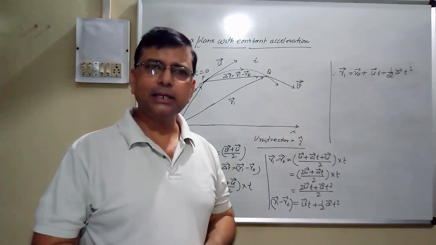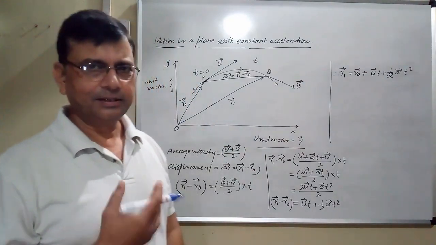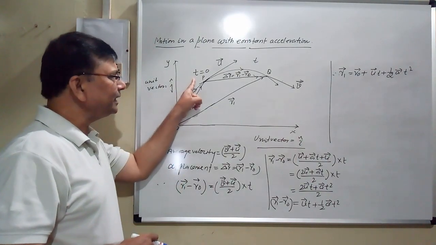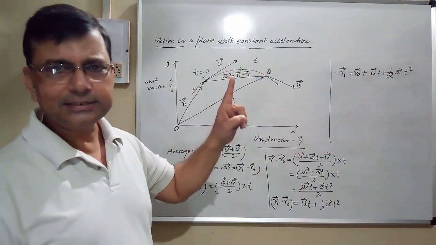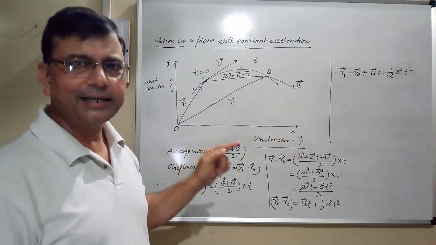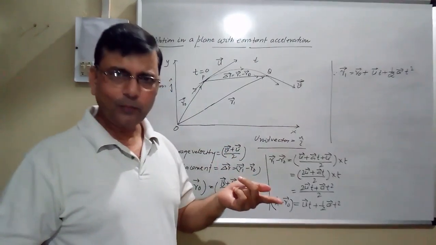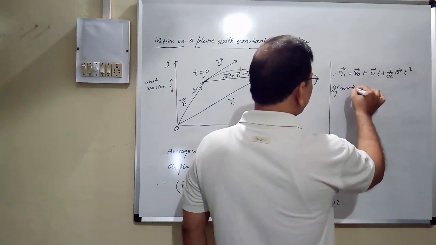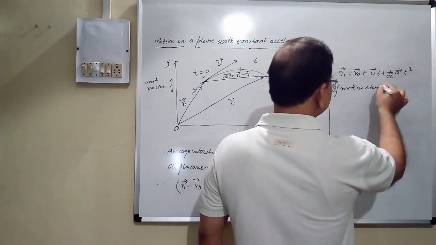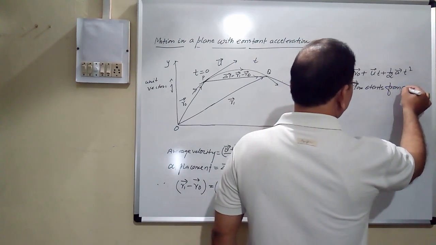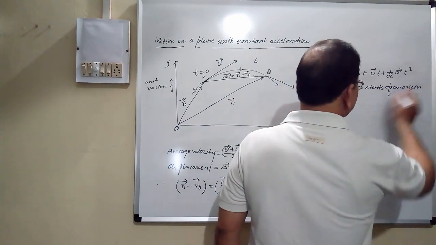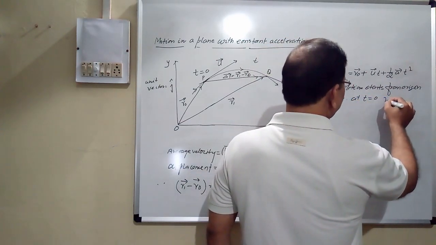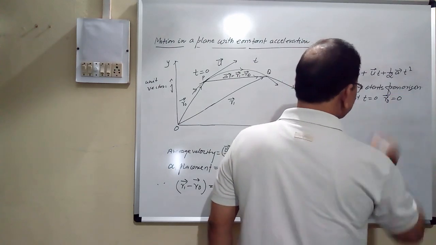If the motion starts from origin, means at t is equal to 0, the position is at origin. In that case, r0 will be 0, right? If motion starts from origin, that is at t is equal to 0, r naught will be equal to 0.